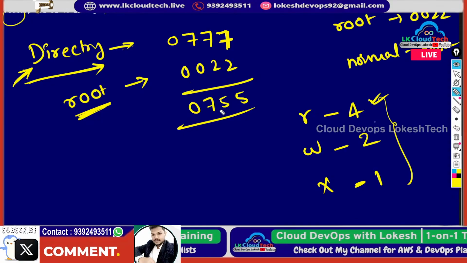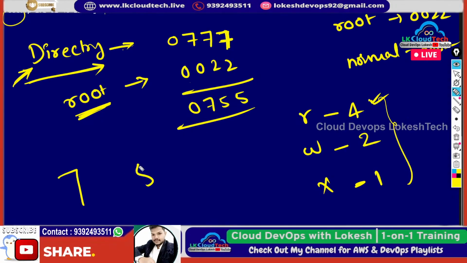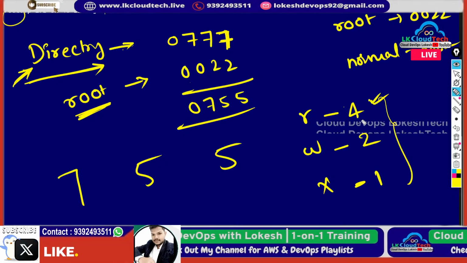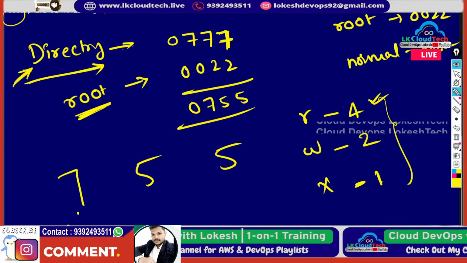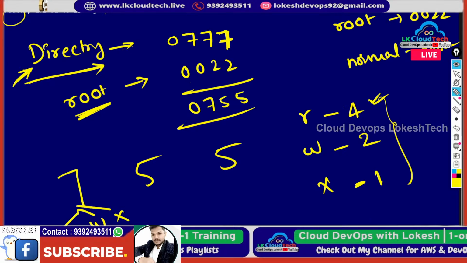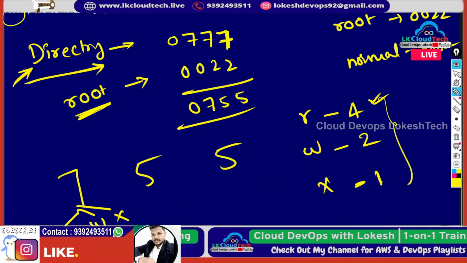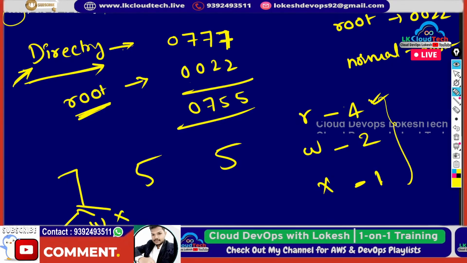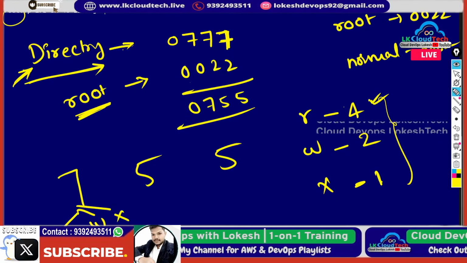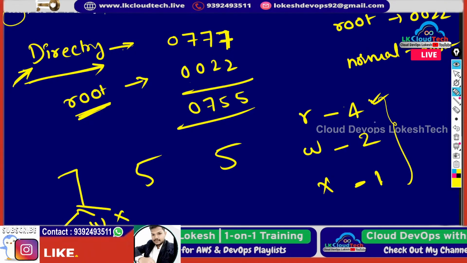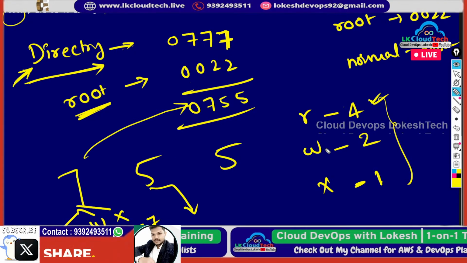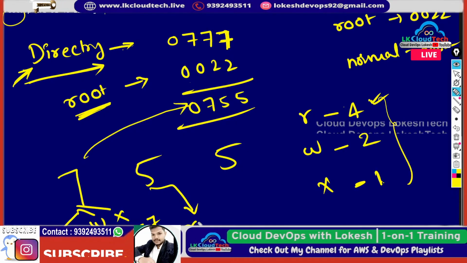For this 755, 7 means read, write, execute: 4 plus 2 plus 1 equals 7. Clear? And 5 means read and execute, 4 plus 1.